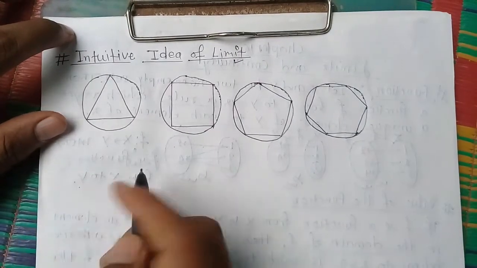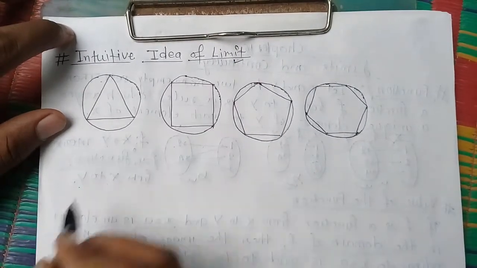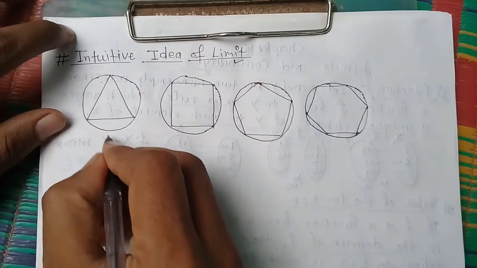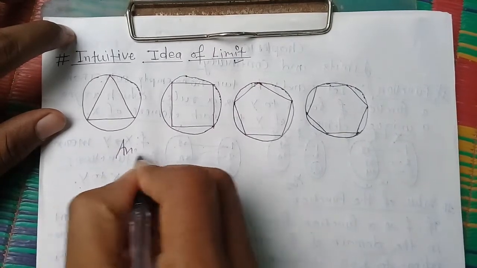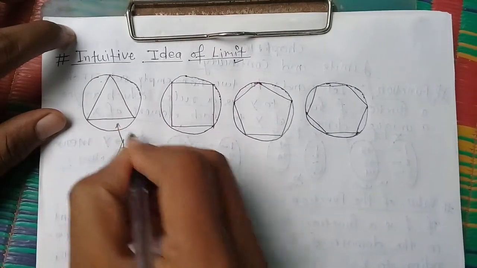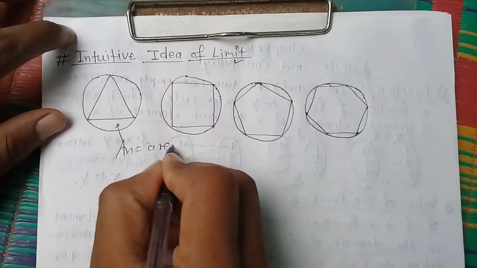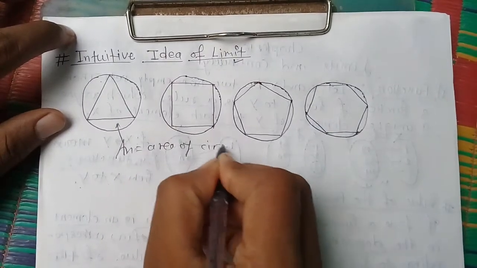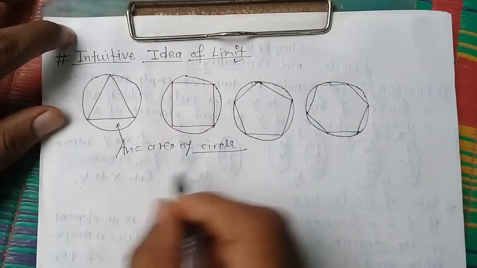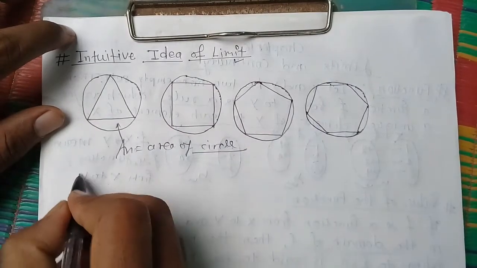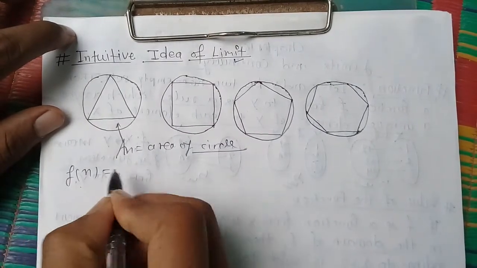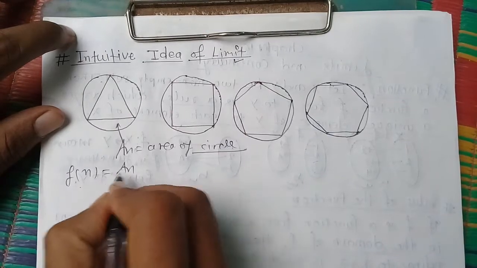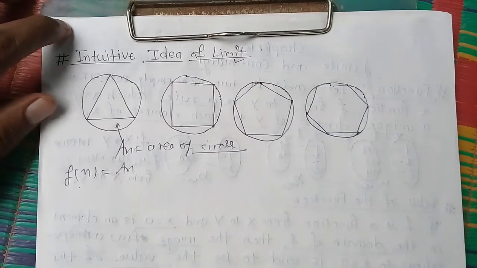So here, let an be the area of the circle, and if we increase the number of sides, fn is the function of an.